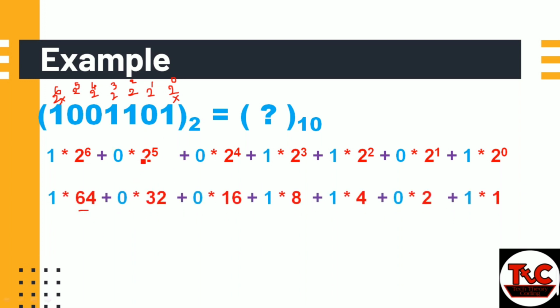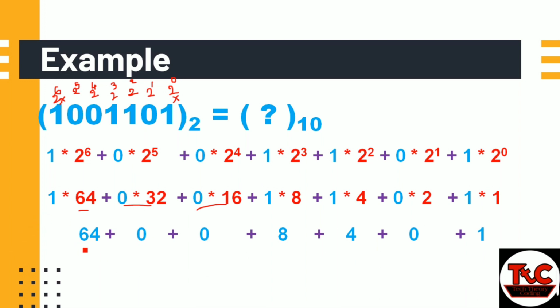Here no need to find out the value, you can write directly 0. Here also you can write directly 0. 2 to the power 3 is 8 and 4, 2 and 1. Now multiply 1 into 64, 1 into 8, 1 into 4 and 1 into 1 and add these values.